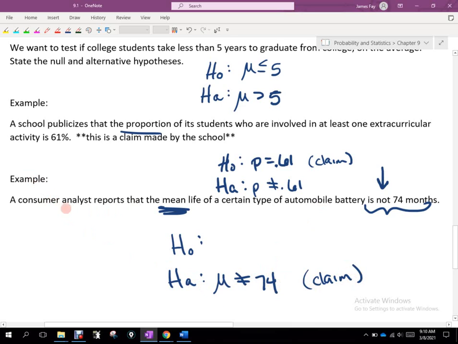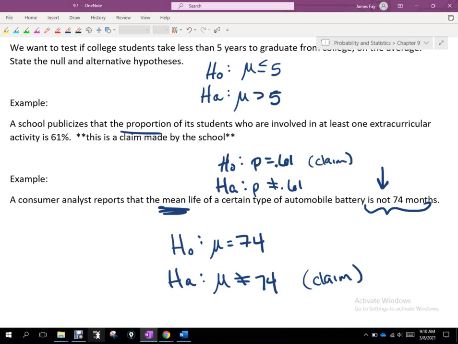That's what the report is saying, right? So then mu would be 74 for the null. Does that make sense to everybody? Okay.